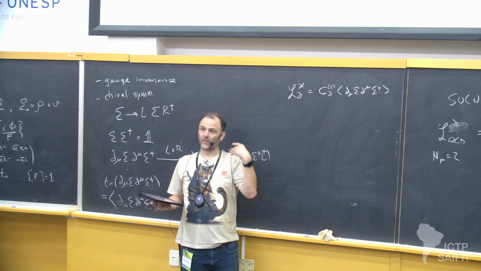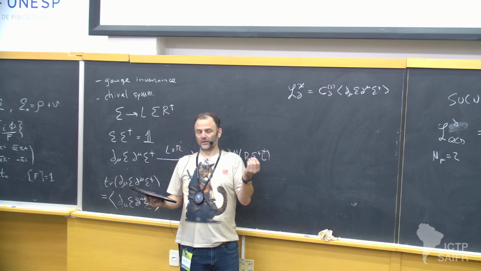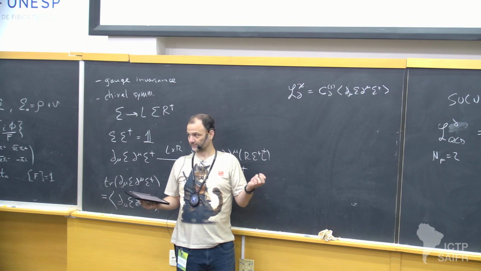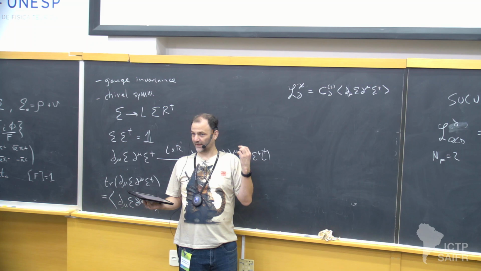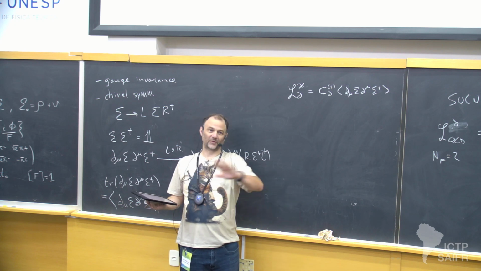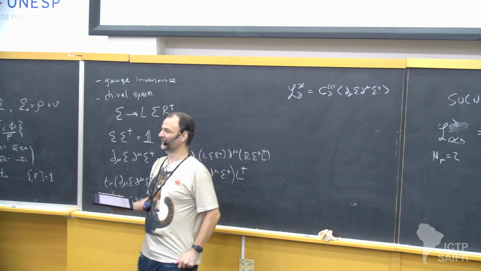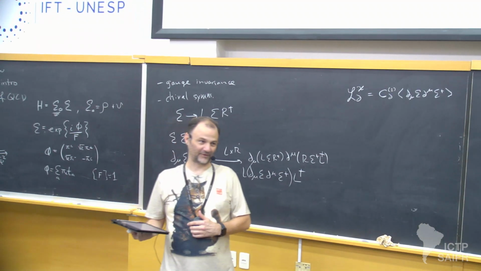You must have written down a real or complex scalar field theory before, right? So what's the kinetic operator for a complex scalar field theory? Do you guys remember? Who doesn't know what I'm talking about? Raise your hand. Who does know what I'm talking about? Raise your hand. Maybe that's the right way to ask it.